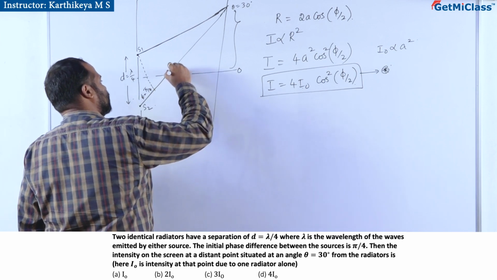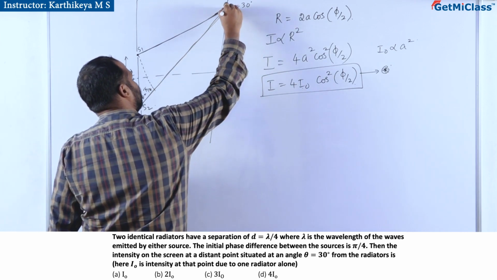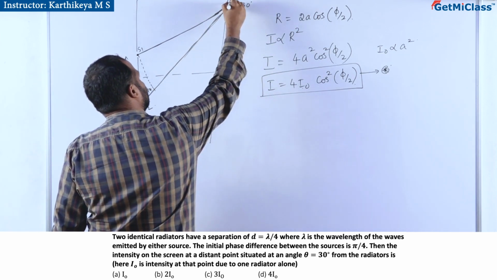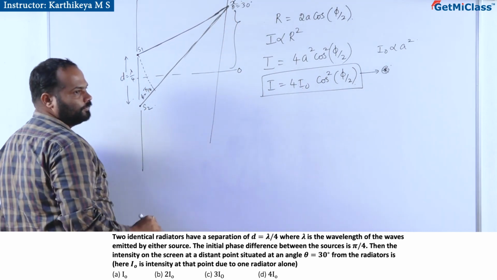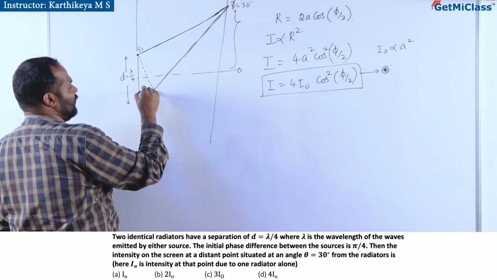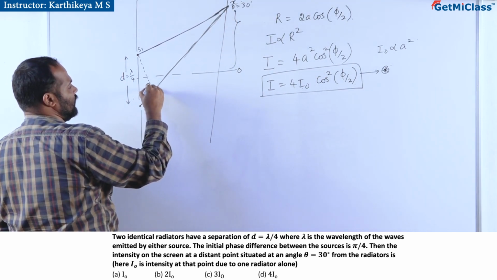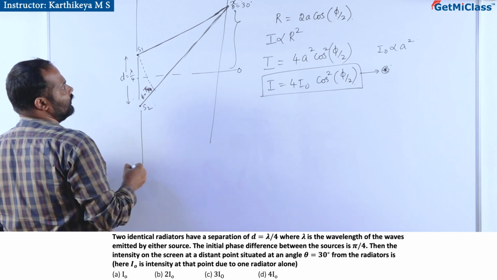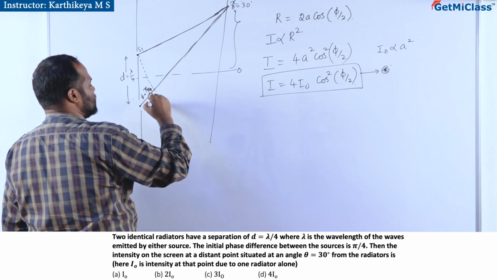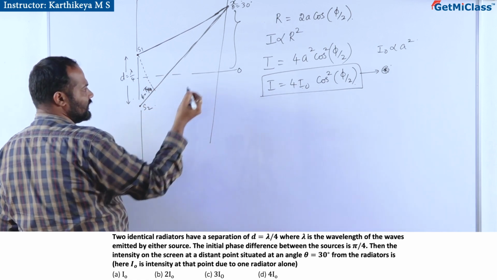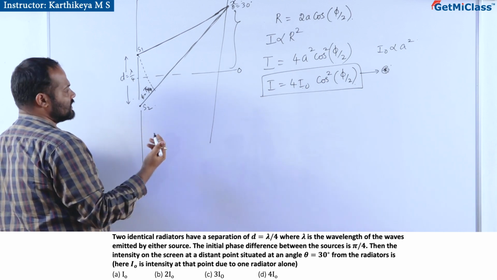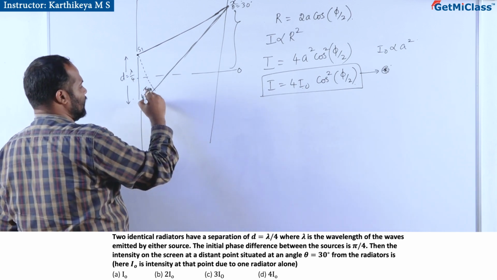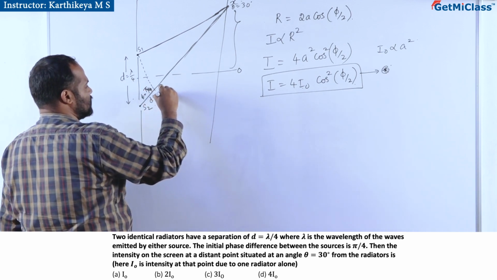Another source also emits the same wavelength to this location, say x. The initial phase difference is pi by 4 and the path difference we consider as d sin theta.